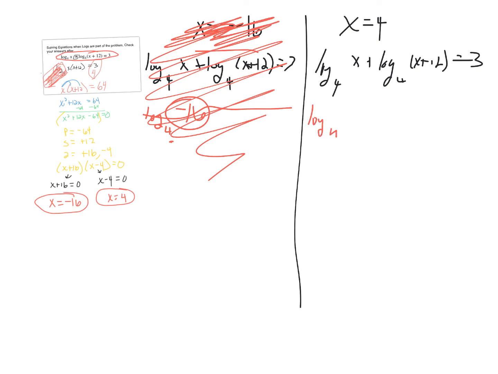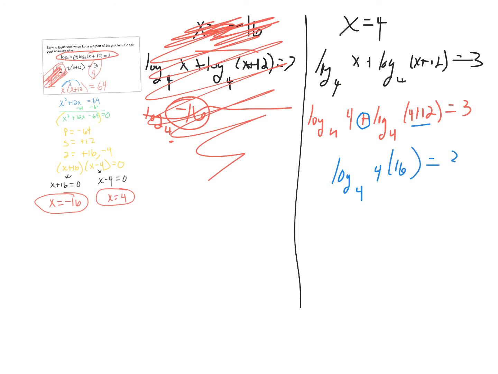Log base 4 of 4 plus log base 4 of 4 plus 12 is supposed to equal 3. All right, now put this together here. We want to collapse the expanded form. So we're going to have log base 4 of 4 times, and then 4 plus 12 is going to be 16.